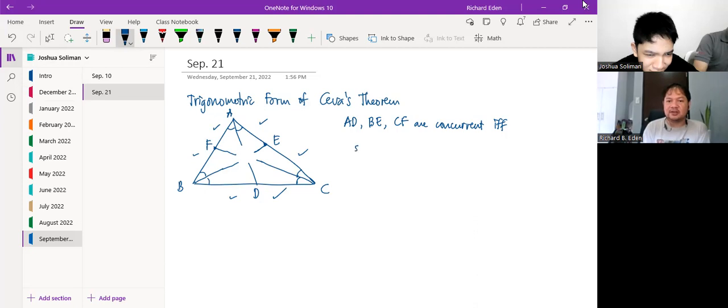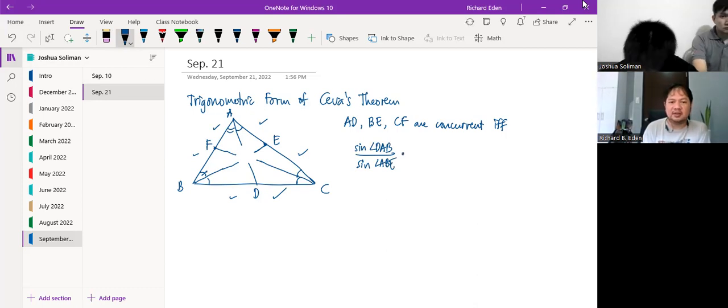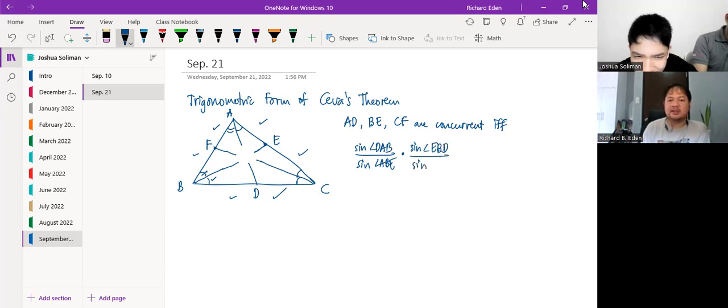So the sine of angle DAB, ito yon, divided by the sine of angle ABE, times ito naman, sine of angle EBD. So next ratio, we now go to the numerator, EBD divided by the sine of... so we're done with EBD here.